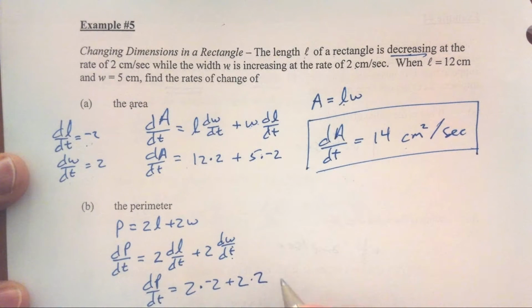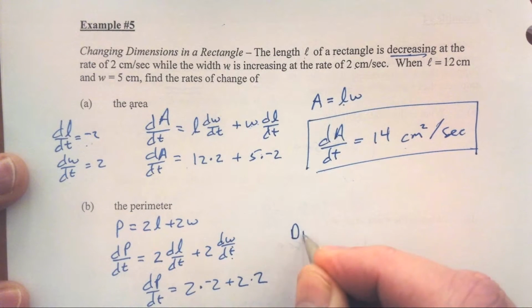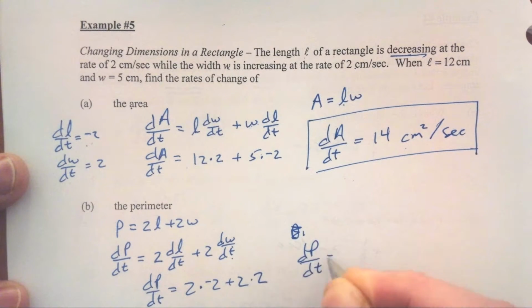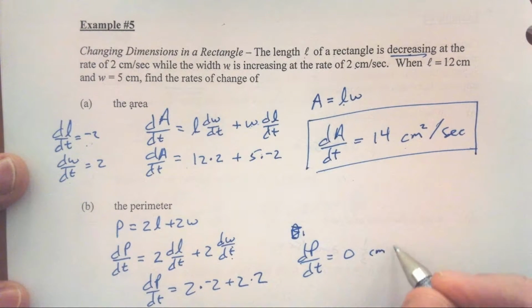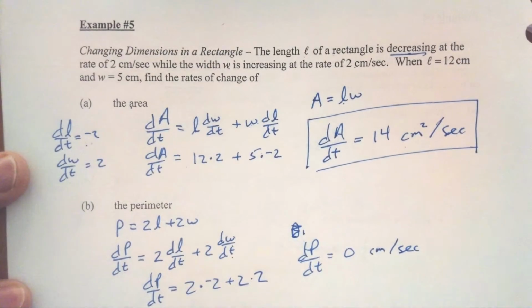Negative 4 plus 4, I get... oh, I didn't want to do that. dP/dt is 0. The perimeter would just be centimeters per second. Perimeter is just the length.